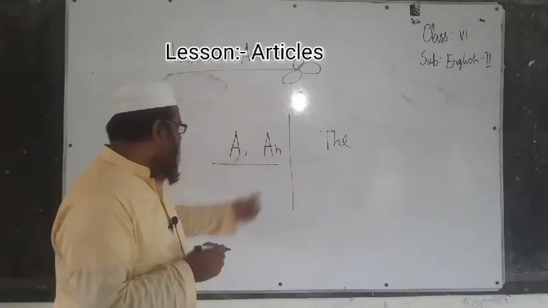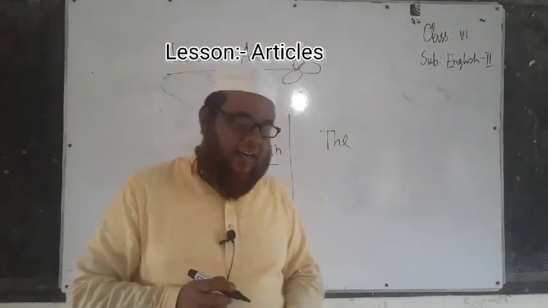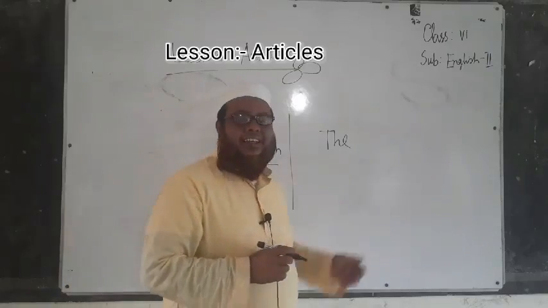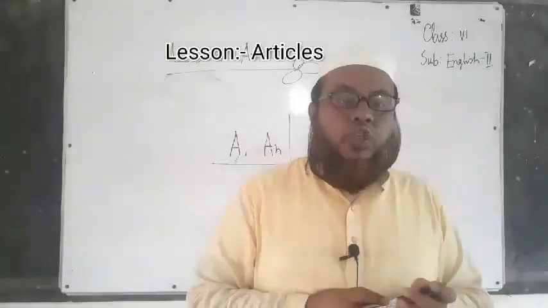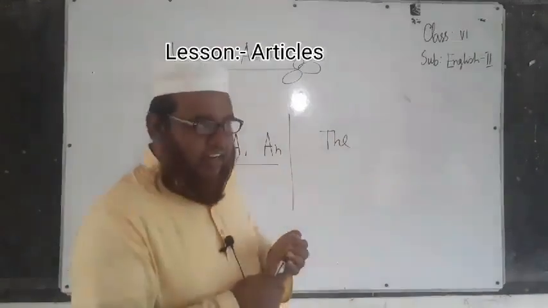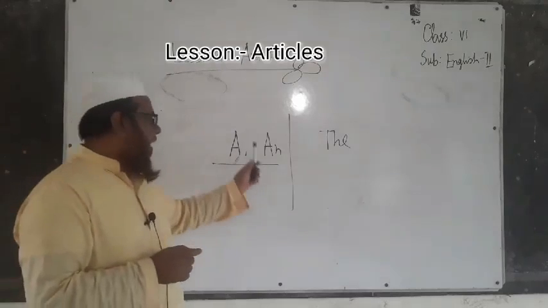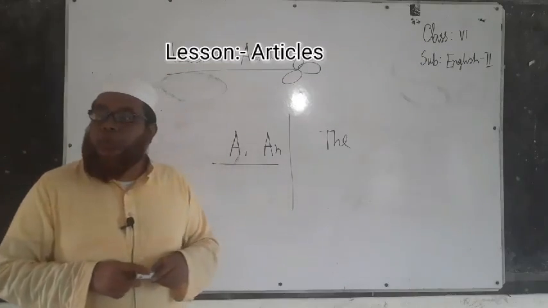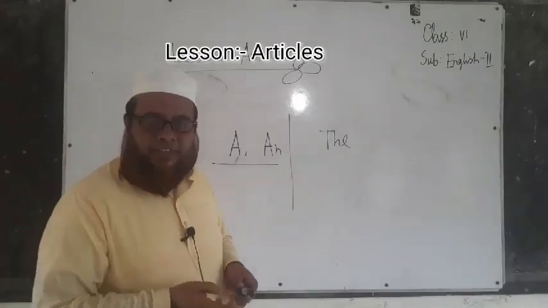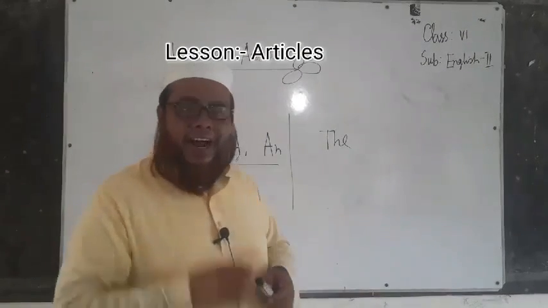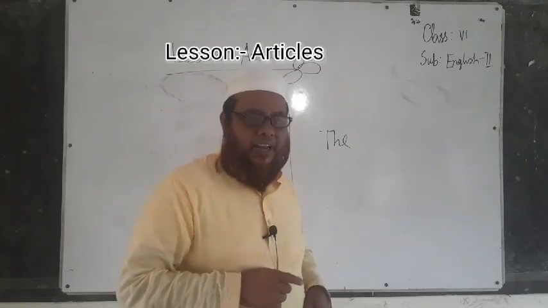A and An we say indefinite article, and the word The is definite article. So we can say, to mention anything indefinitely we use indefinite articles, they are A and An. And to mention a matter, a thing, or a person definitely we use an article that is The. That is called The is definite article.